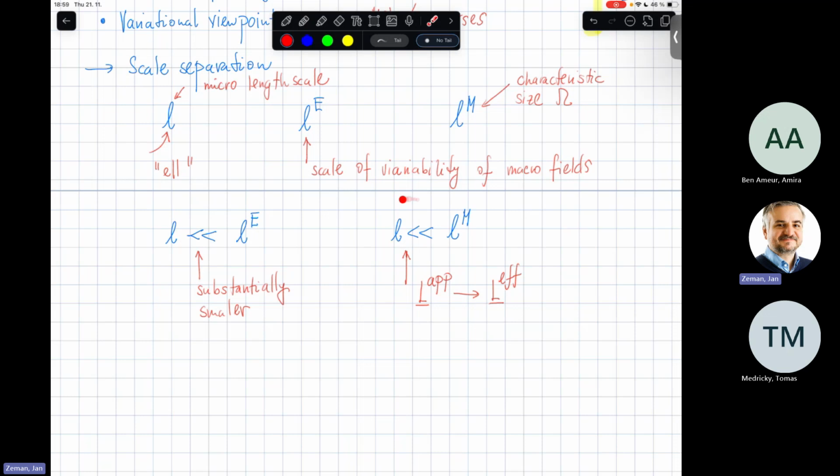And the second condition is that the sample from which I have derived my effective properties is sufficiently large such that I can substitute these apparent properties with these effective ones. So it means that I'm analyzing something which is called a representative volume element.